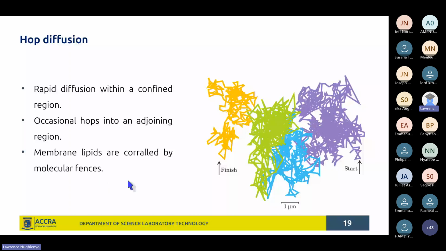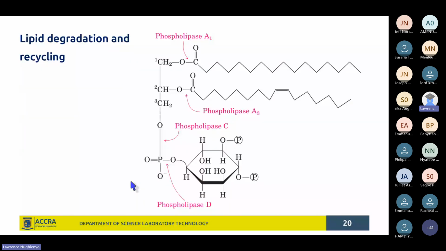Now, to bring this chapter of lipids to a close before we move on to look at proteins, the biomembrane proteins in our last lecture, let's end this on a more real life, practical issue.